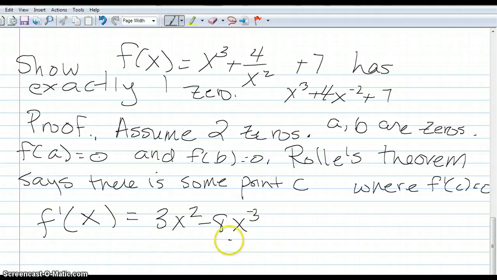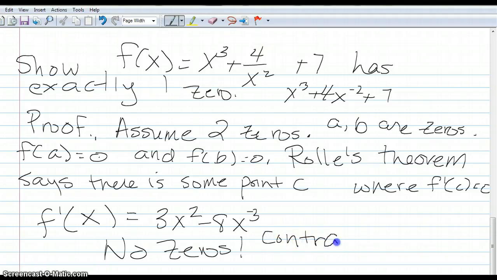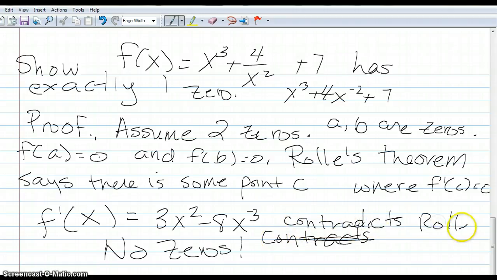And if you look at the graph here, there are no zeros of this function. So this contradicts Rolle's theorem, since Rolle's theorem tells us there has to be one, but we see there isn't. That should say contradicts, not contracts. So there can't be two zeros.